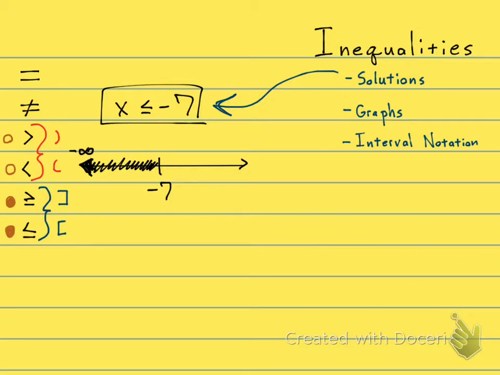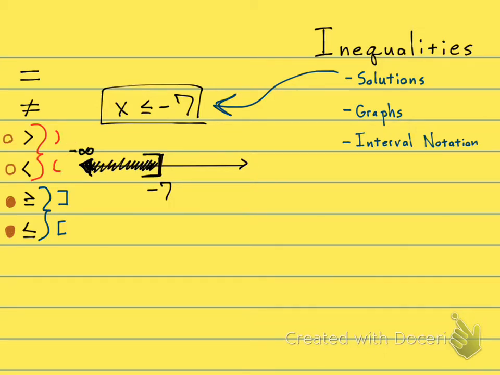So back to my problem, x is less than or equal to -7. I shade everything less than -7, and at -7, I need to put a bracket. Graphically, if I saw just this, I know what that means. That's every number less than -7, all the way back to negative infinity, and it also includes -7.